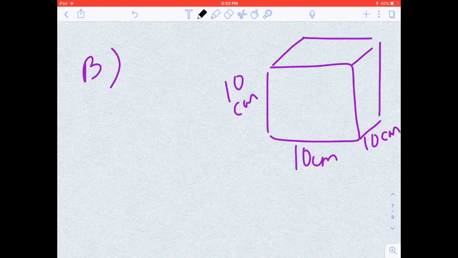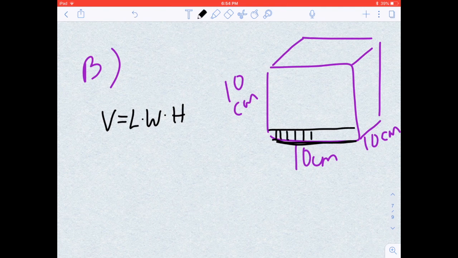Letter B. Find the number of 1 centimeter cubes that can be placed inside a box with dimensions as illustrated. Okay, so remembering my equation is length times width times height. Okay, my length is 10. It's like saying I have 1, 2, 3, 4, 5, 6, 7, 8, 9, 10. 10 little cubes here, okay? And then I would have 10 more there, okay?